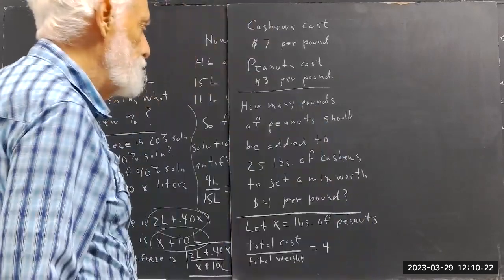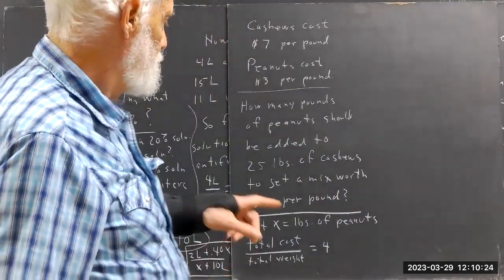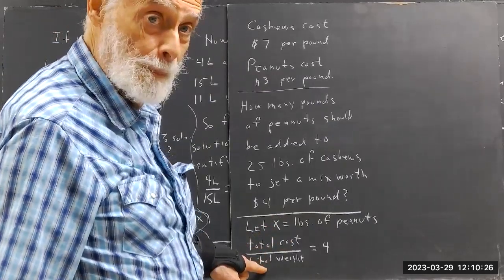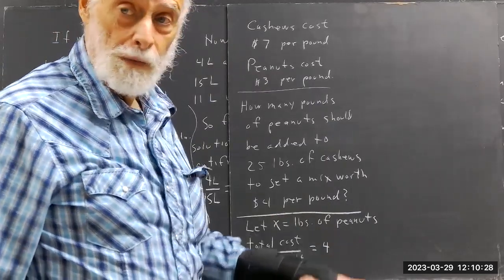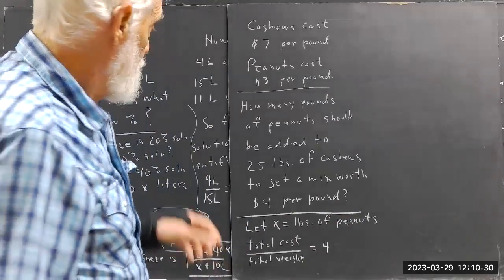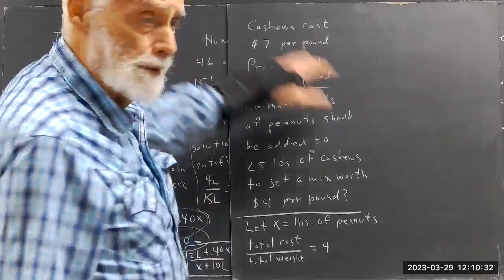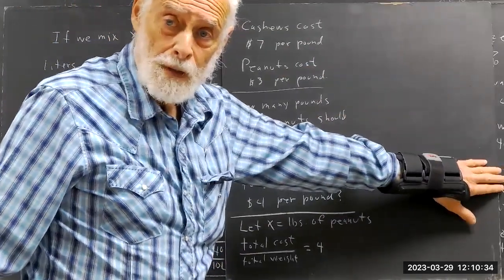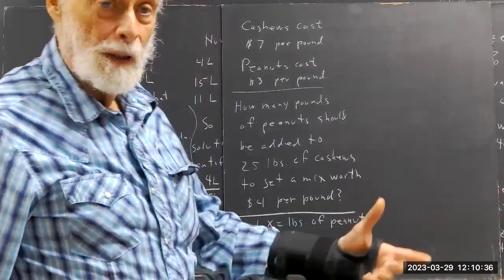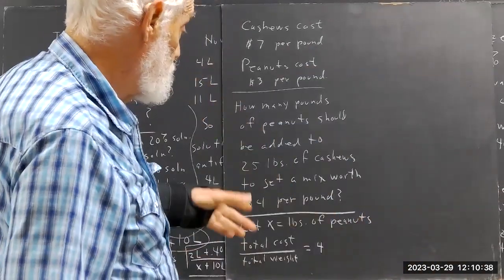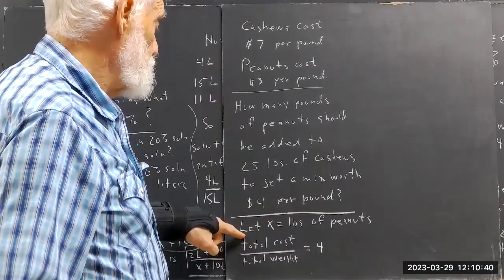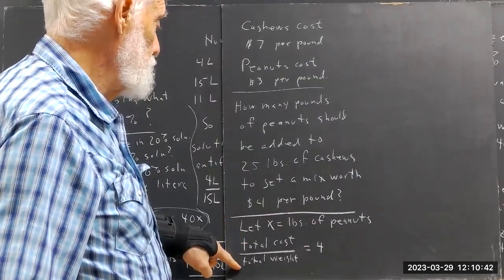I'm not going to keep the units on everything here. This one is a little more involved and I want to avoid the confusion, but then maybe I'll talk about how it would look if we use the units throughout. So we're just going to do total cost over total weight equals 4.